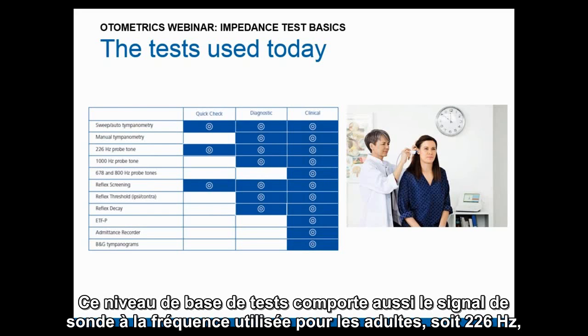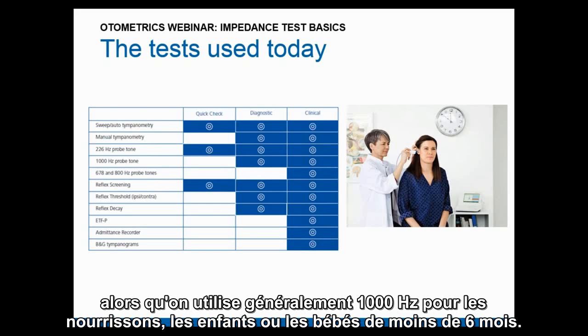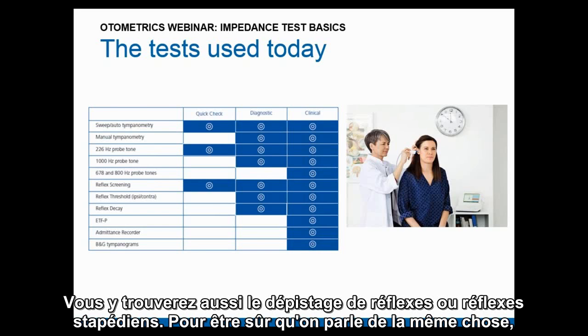And usually in this entry level of tests, you will actually find the frequency probe tone used for adults, which is usually the 226 Hertz, compared to the 1000 Hertz, which is usually offered for infants or kids or babies below 6 months old. But also you will find the reflex screening.